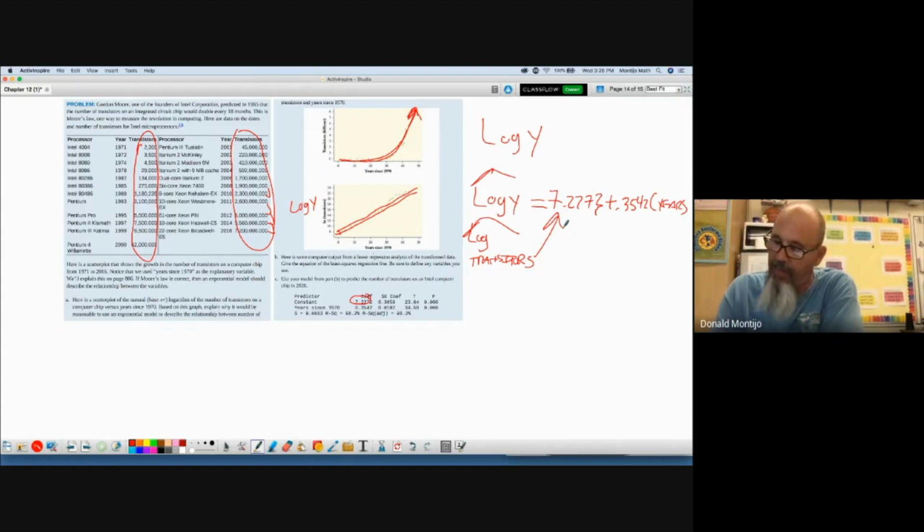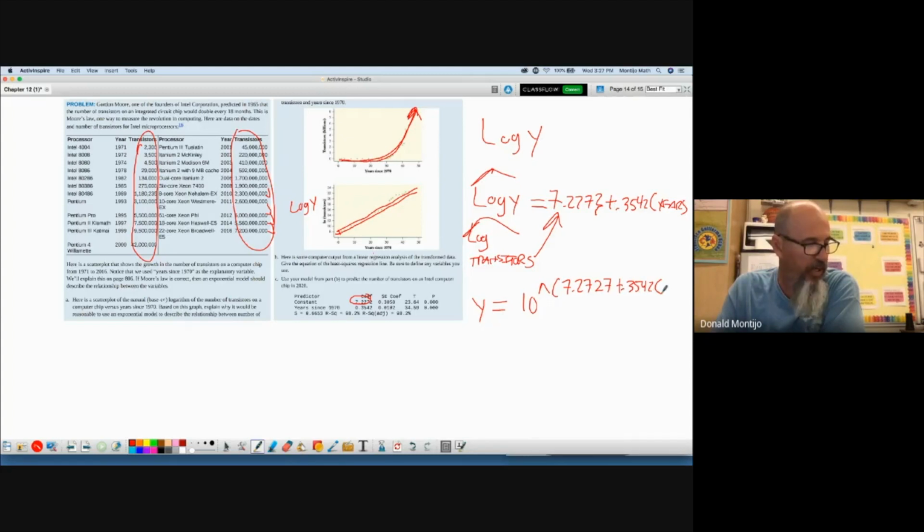Now, how would I make a prediction? Plug that in here and then do 10 to the power of that answer. So y is going to equal 10 to the power of 7.2727 plus 0.3542 times, we're trying to predict in 2020.